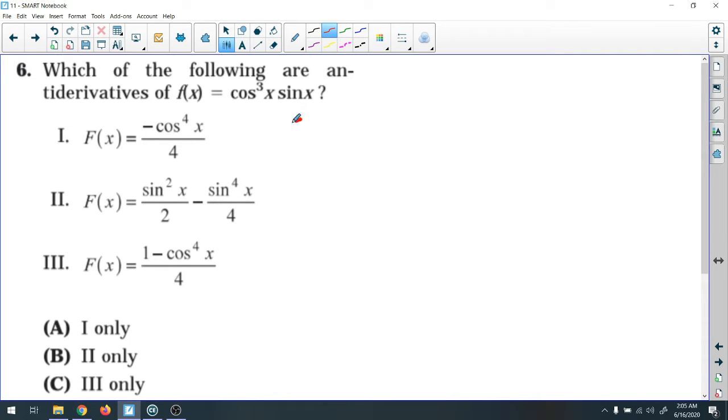So part one here. We will try to find the derivative of this function. It is negative 1/4 cosine x to the fourth. When you do the derivative, of course, you have to keep negative 1/4.